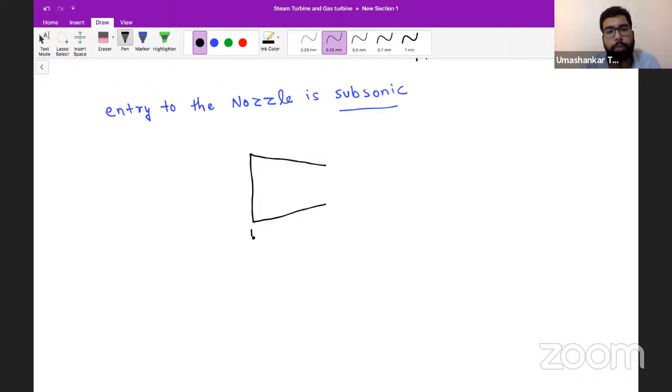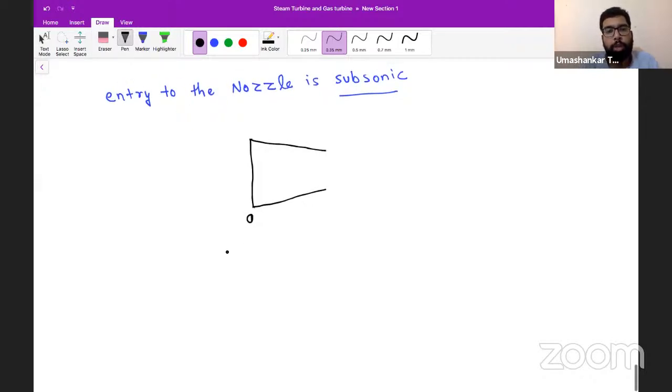Let's say the point where the steam enters the nozzle is o, and we name the velocity there v naught. Let's say v naught is exactly 0.4 of the velocity of sound.